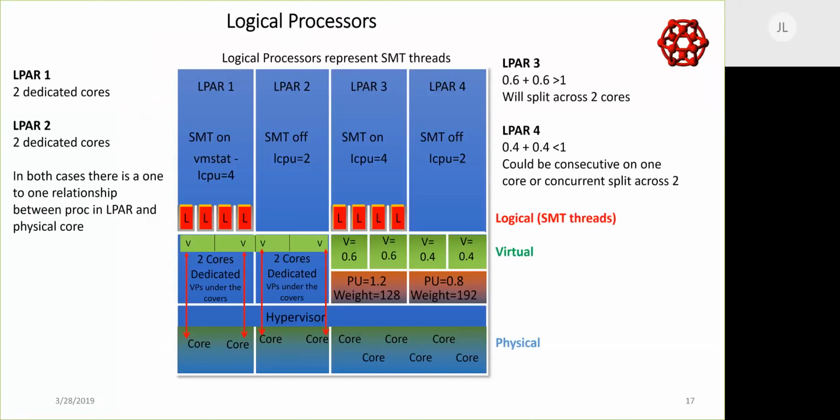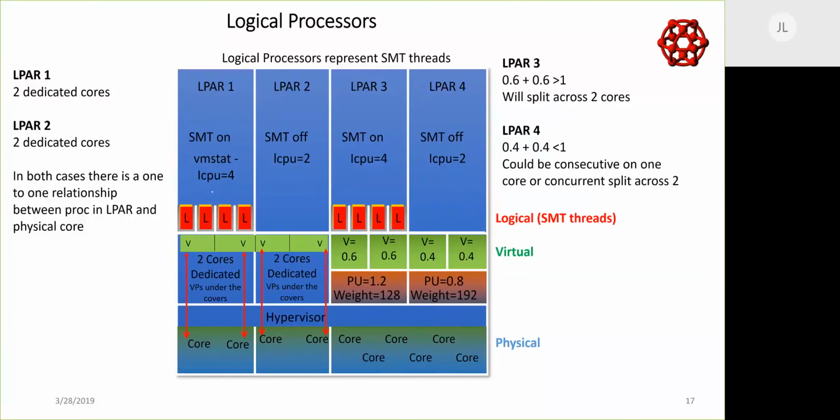Something that's important to understand is the difference between dedicated cores and shared processor cores. So what I'm showing you here, if you look at LPAR 1, it is an LPAR that has SMT turned on. We're just doing SMT2 as a simple example. So I have 4 logical CPUs. Each of those logical CPUs represents an SMT thread.